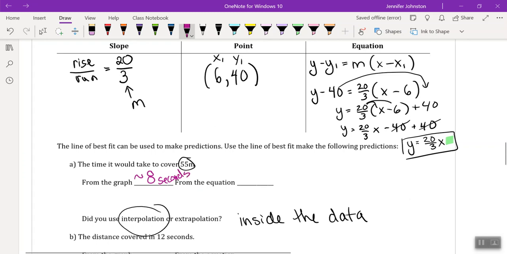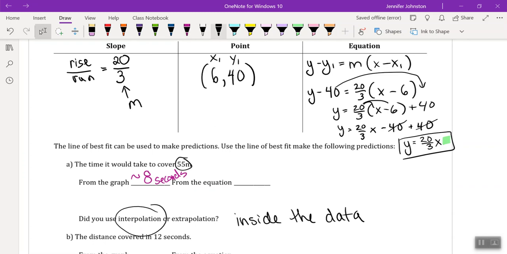But from the equation, y is equal to 20 over 3x, we can actually insert this 55 meters, and we have to figure out which one we are going to put it in for. Are we going to put it in for x, or for y? Now 55 meters is distance. Which one's distance, x or y? Well, distance is y.